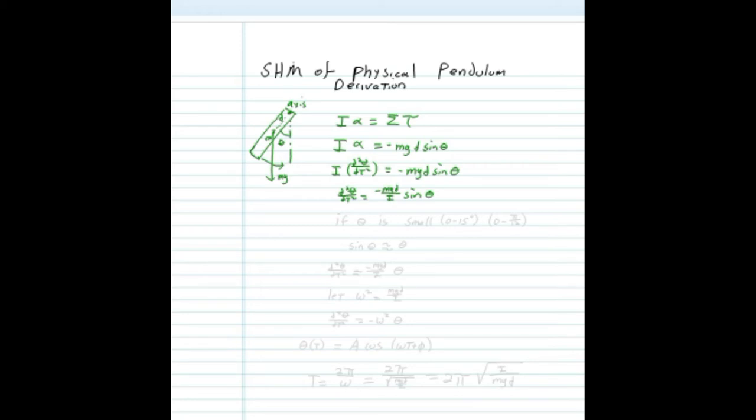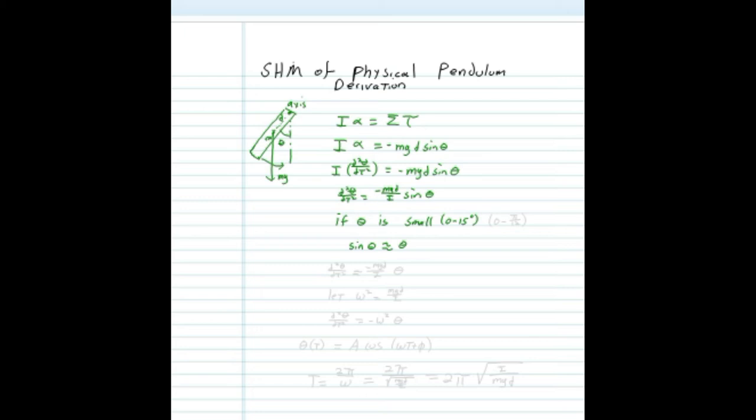What we saw with the simple pendulum is that if theta is sufficiently small, and we said, somewhere between 0 to about 15 degrees, then sine of theta in radians is approximately equal to theta in radians.